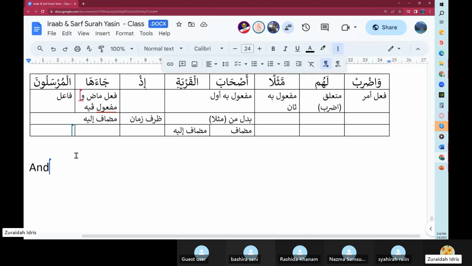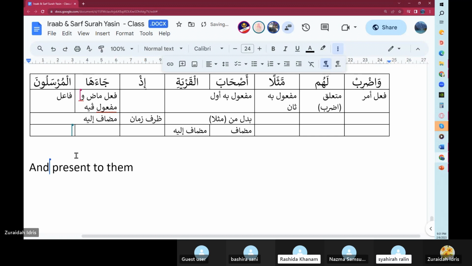So how would you say the and? And present, like it's a command. So present for them. Okay. Lahum masal, I'm going to put for them, to them. Present for them, to them. An example. Okay, excellent. An example.